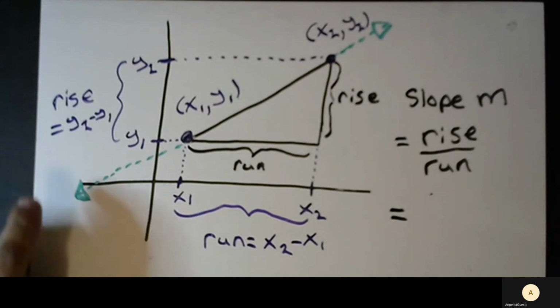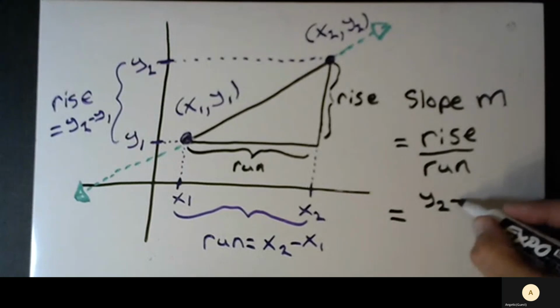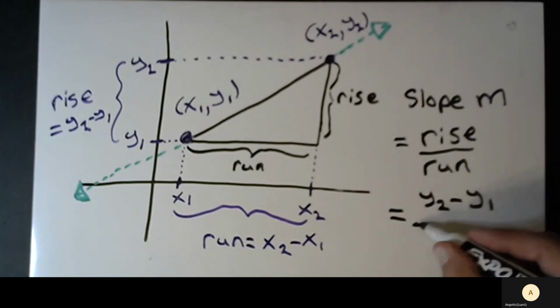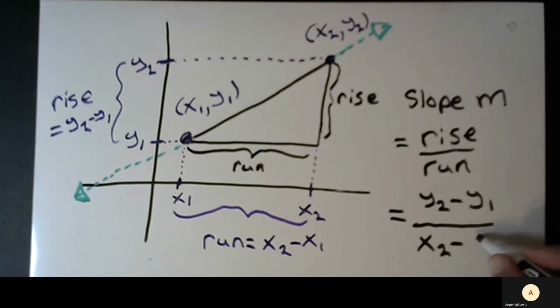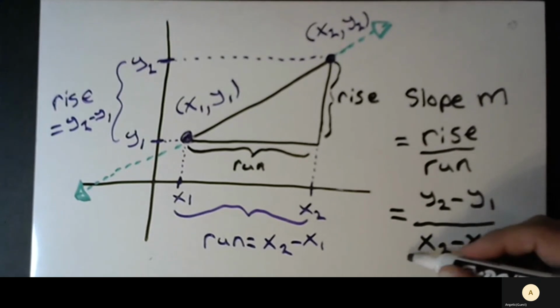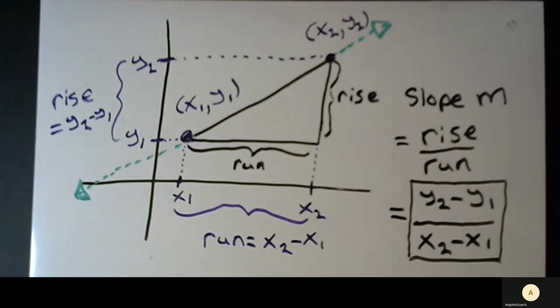Well, now rise is y2 minus y1, and run is x2 minus x1. So this is the formula you can use to calculate slope from a line if you have 2 points. And we'll use this formula. We'll put it to work.